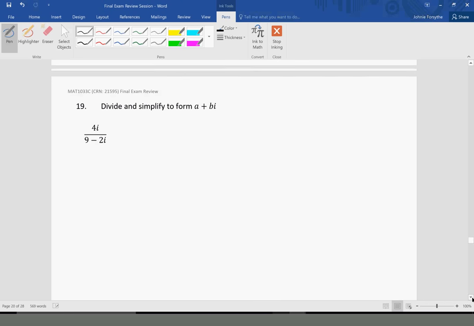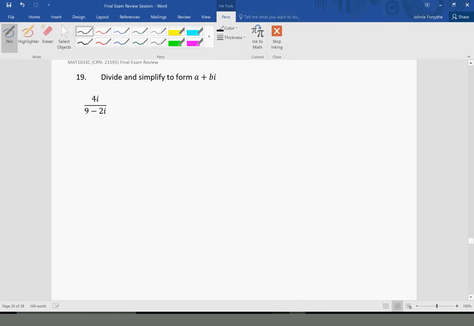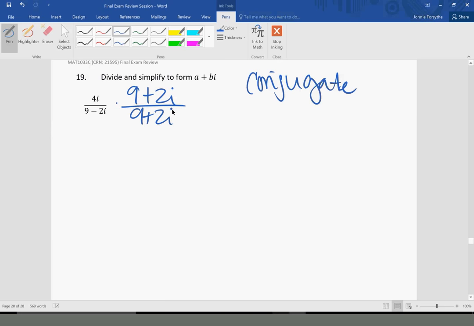19. Divide and simplify to the form a plus bi. This is another example where you're going to multiply by the conjugate of the denominator. So we're going to multiply the top and bottom by 9 plus 2i. At the top, we're going to have 4i times 9 plus 2i.